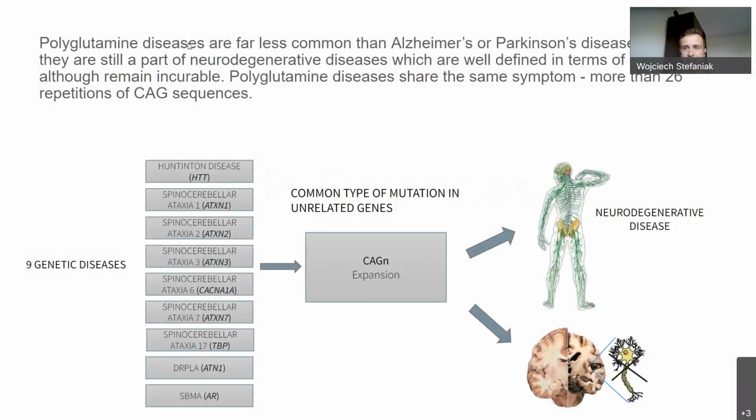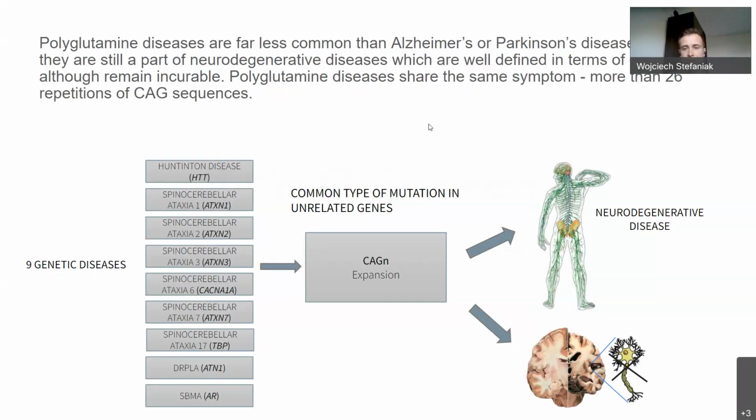Those diseases are genetic diseases, but are far less common than the most popular Alzheimer's or Parkinson's. However, they are still part of the neurodegenerative diseases. What's more, they are quite well defined in terms of symptoms.